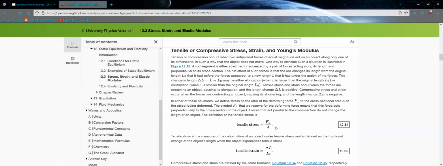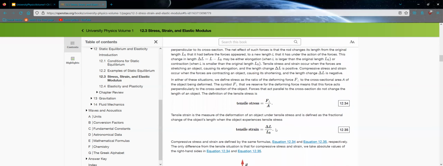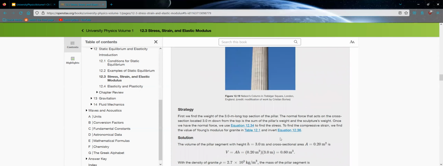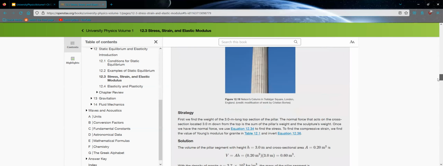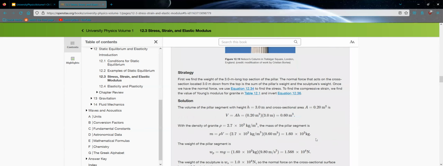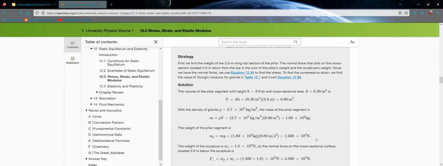Your perpendicular force divided by the area for your stress, and the change in length over its original length for strain. And then to find these out, we need to use Young's modulus from the table that we saw initially. So this again is another example of figure out what the question's asking you, find your equations, plug and chug, right?